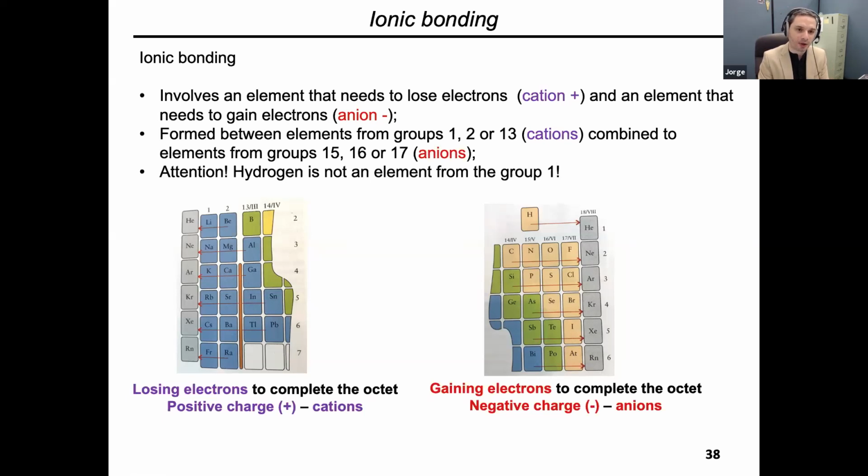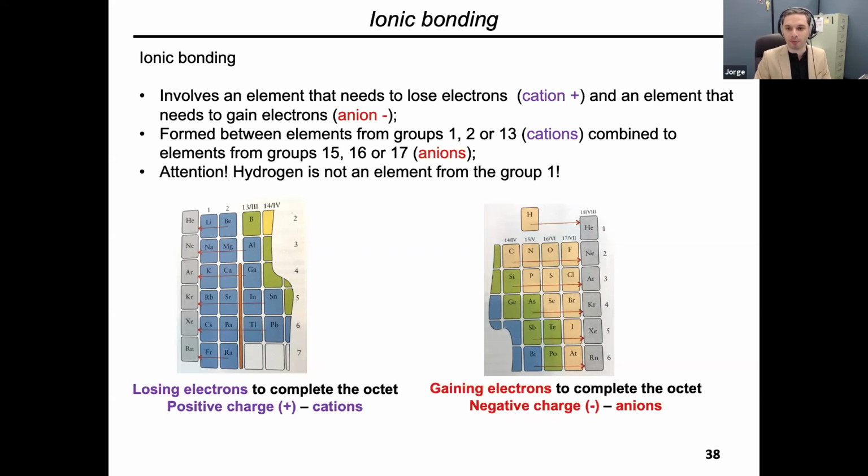Okay, so the ionic bonding is the perfect marriage. It involves an element that wants to lose electrons and an element that needs to gain electrons. Who are the elements involved in an ionic bonding? Usually it is formed between elements from groups 1, 2, or 13, okay?